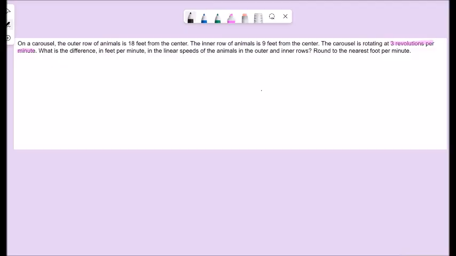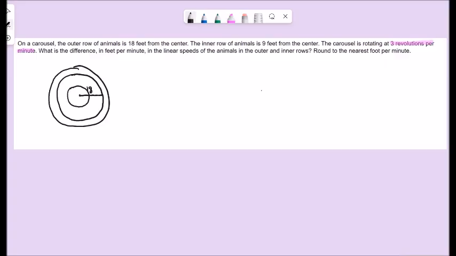So let's draw this thing out here. That's the entire carousel. This is the outer row, and that has a thing here of 18. Okay, so that's 18 feet from the center. And then there's an inner row, and that is 9 feet from the center.